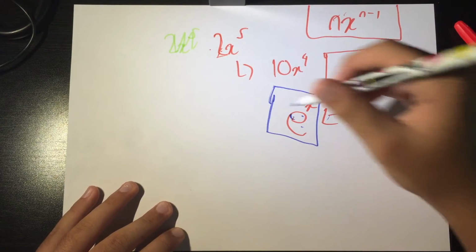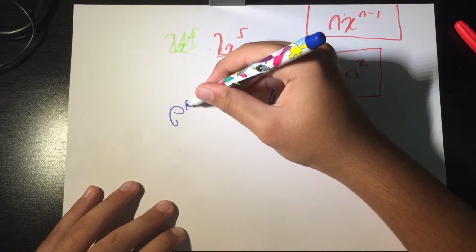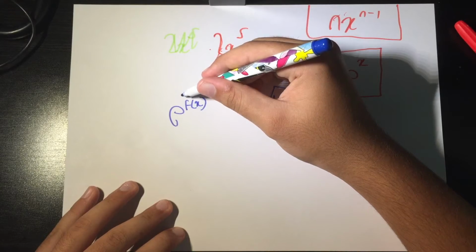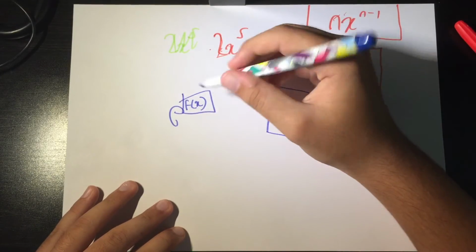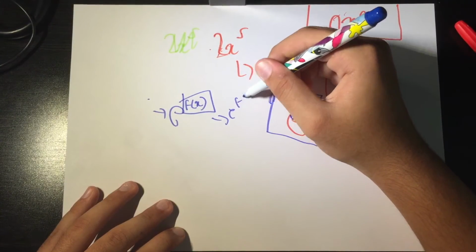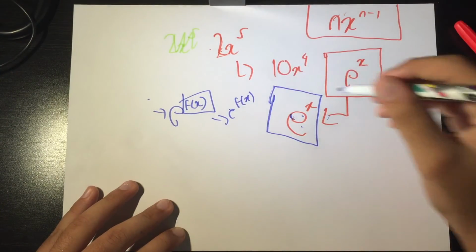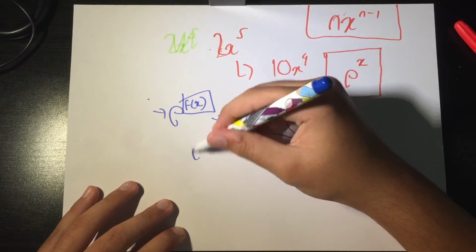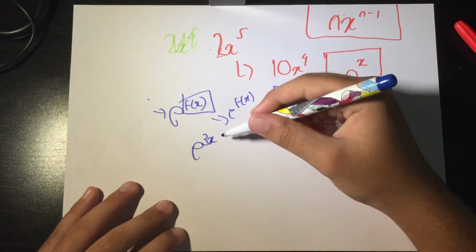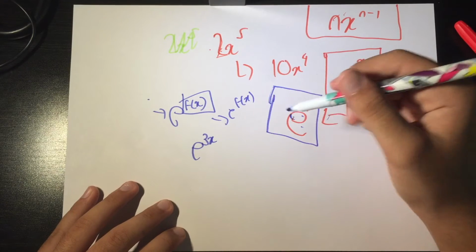But e to the power of f of x, so e to the power of another function, the derivative of this will not be e to the power of f of x. Let's just check that out. So e to the power of 3x, let's differentiate e to the power of 3x.